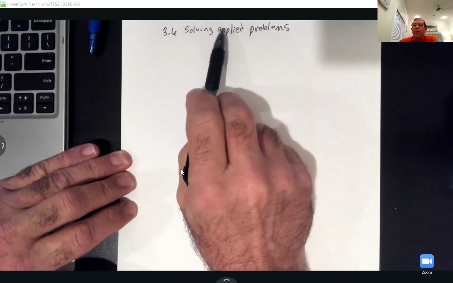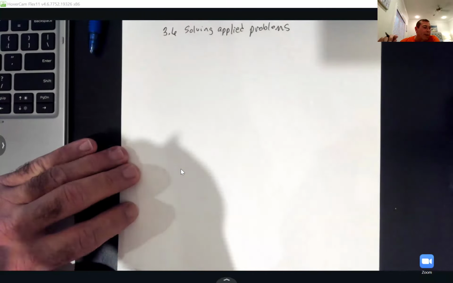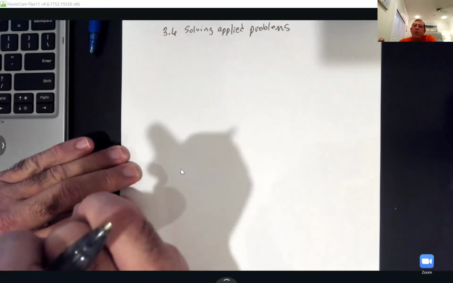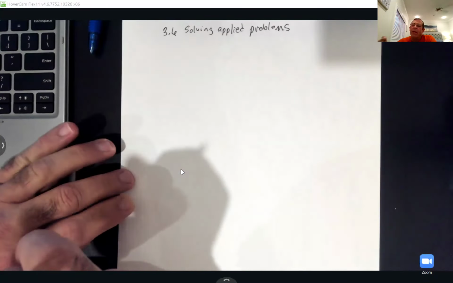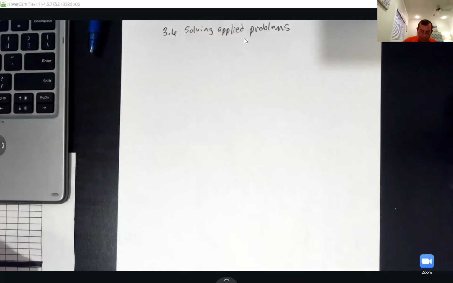And in math, when you see the word applied, we're talking about word problems, okay? So in 3-6, the first two questions are just getting you into being able to translate a sentence. So I'm going to start out with doing a couple of those.